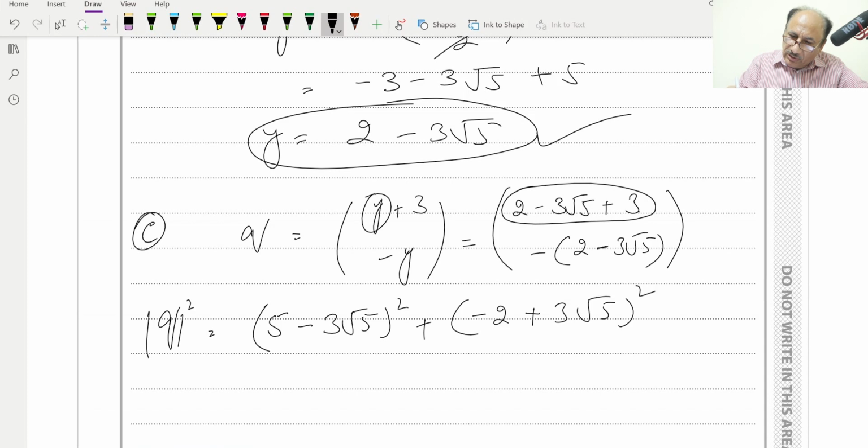I have taken this one as plus because the minus will be multiplied with the 2 and will change to plus. Hopefully you understood this.